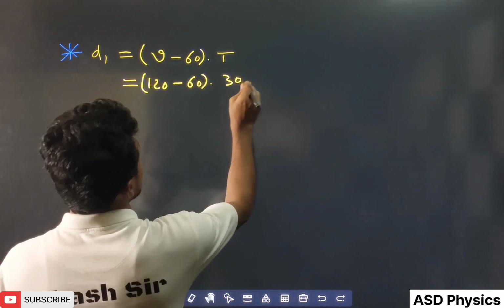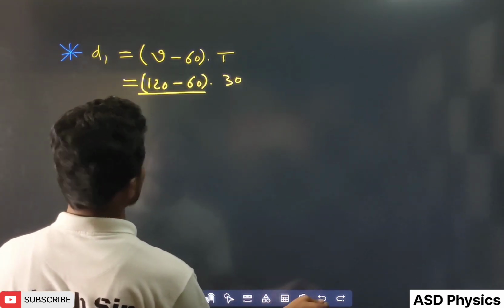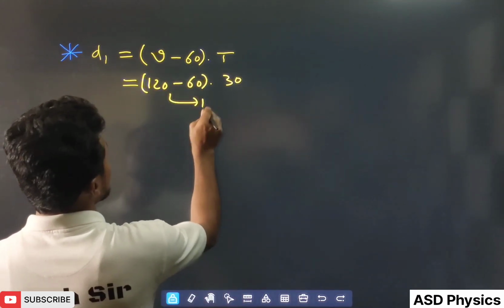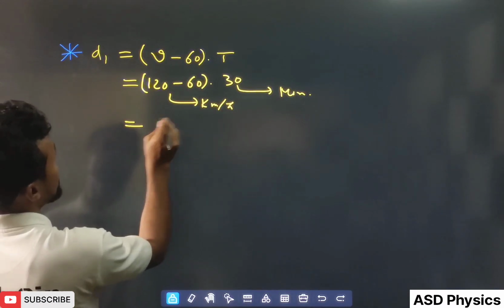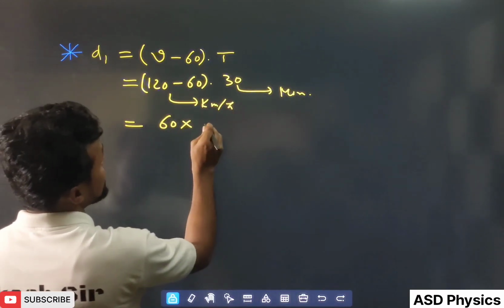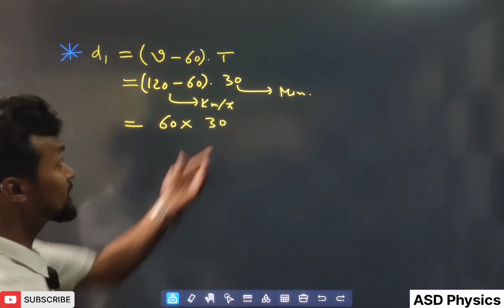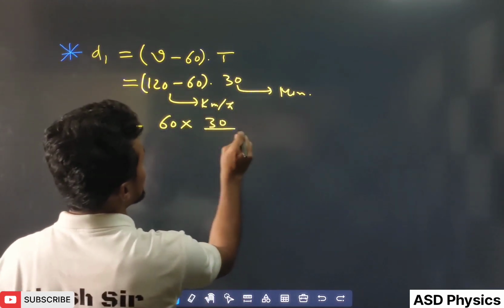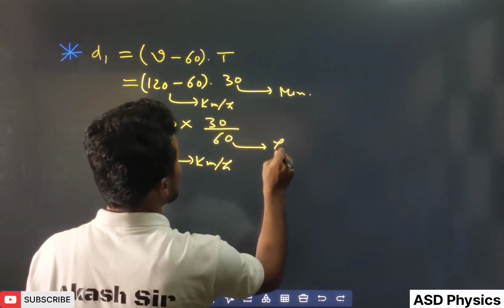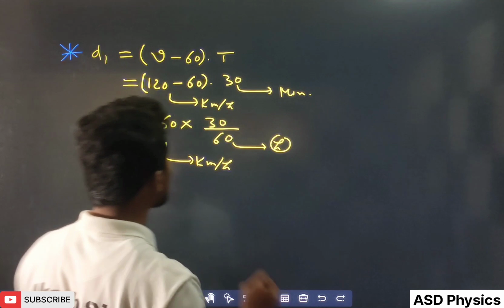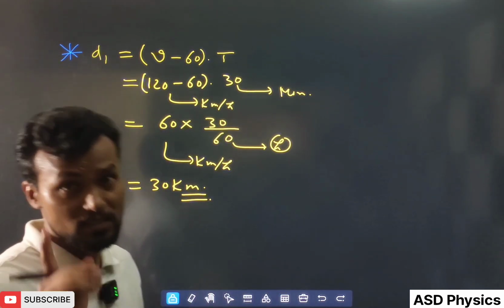This is in kilometer per hour and this is in minutes, so we have to simplify. 120 minus 60 means 60. Convert 30 minutes into hours, so 30 by 60. Kilometer per hour times hour cancels the hours, and the answer comes in kilometers: 30 kilometers. That means the distance between the buses is 30 kilometers.